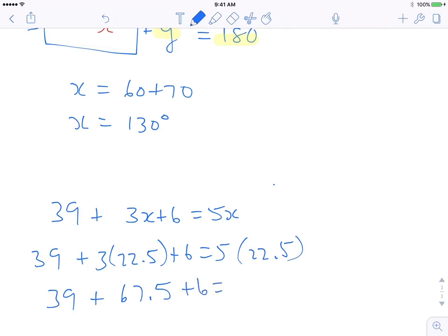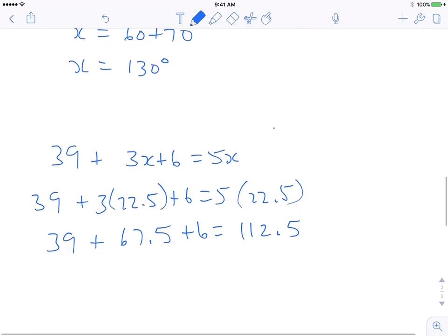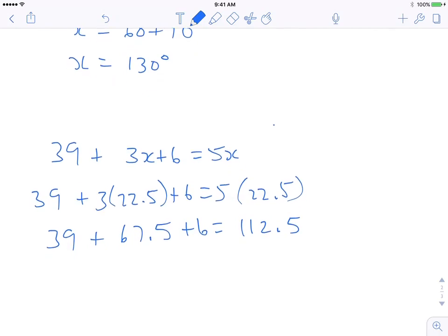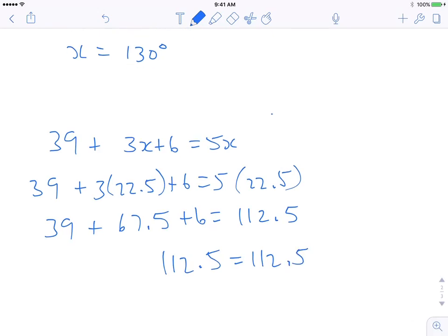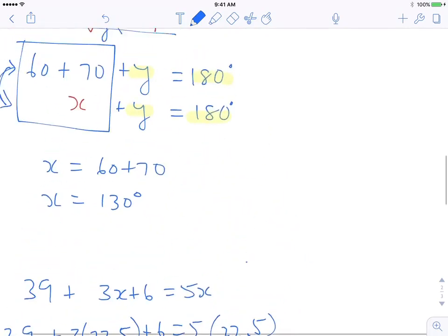Plus 6 equal 112.5. And 5 times 22.5 also gets you 112.5. 112.5 equal 112.5, so left side equal right side. And so we know that in this case, x does indeed equal 22.5 degrees.